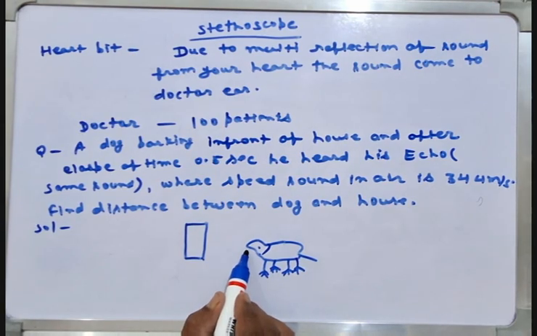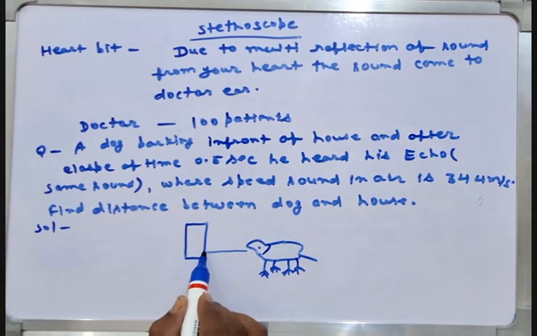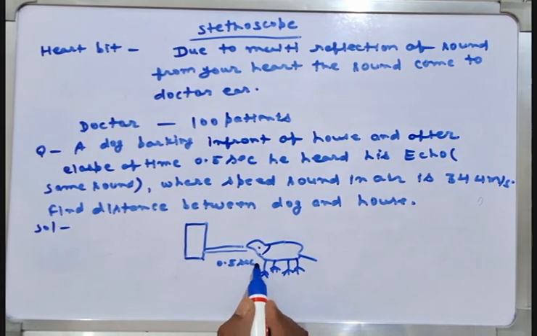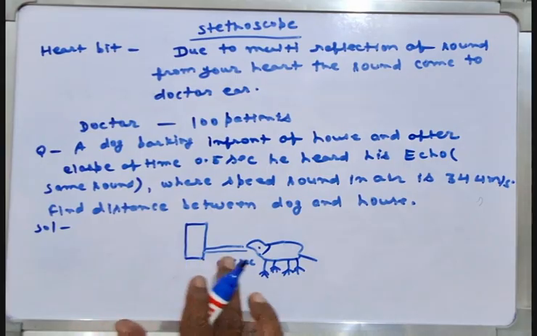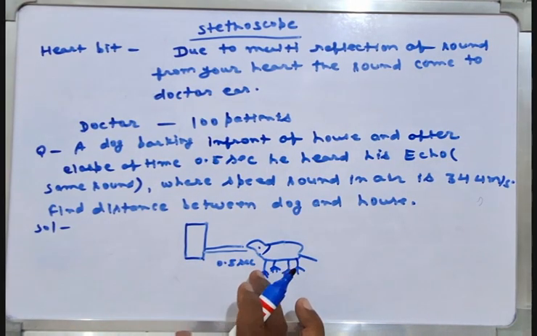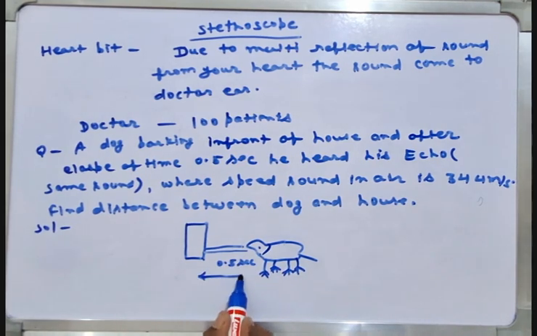Sound is produced by him and it goes to this house structure, strikes and again returns back. So the time taken by the sound to come again to this barking dog is 0.5 second. So what will be this distance?